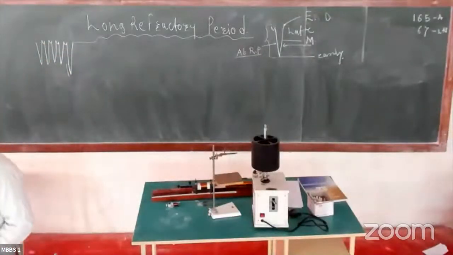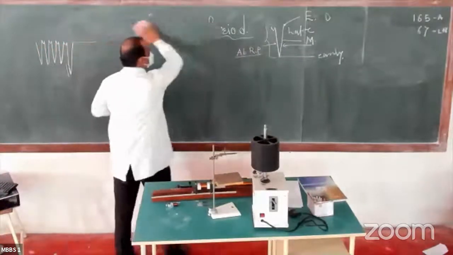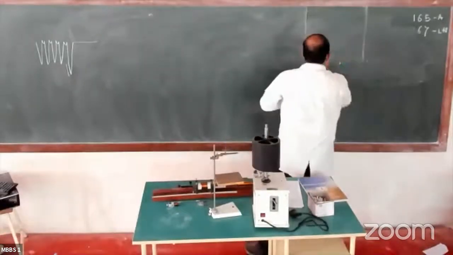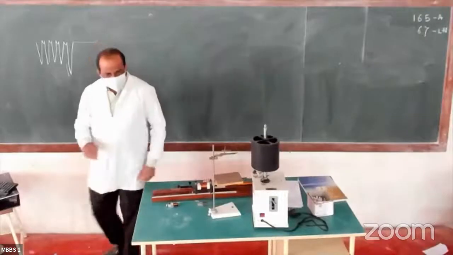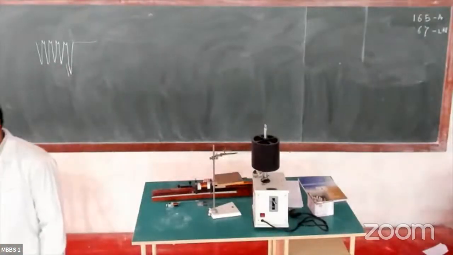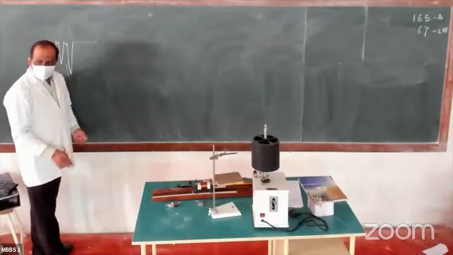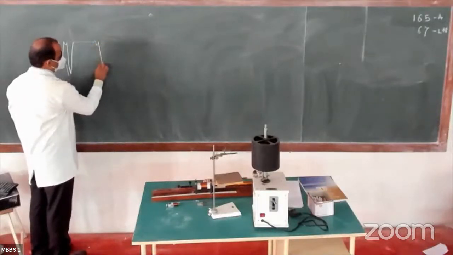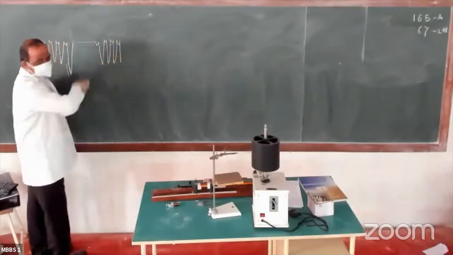And at this portion, the cardiac muscle is waiting for the natural impulse. Is it clear? When the natural impulse appears, the cardiac muscle again shows the contraction in this form.